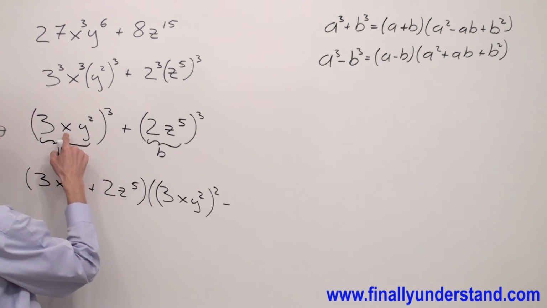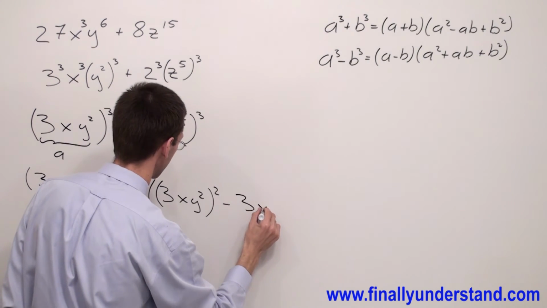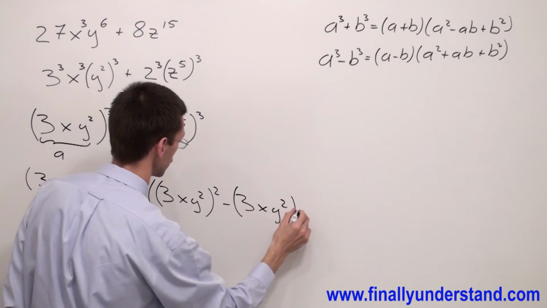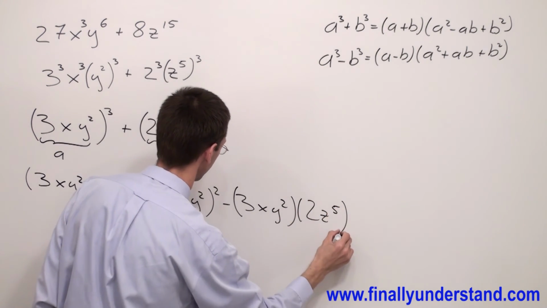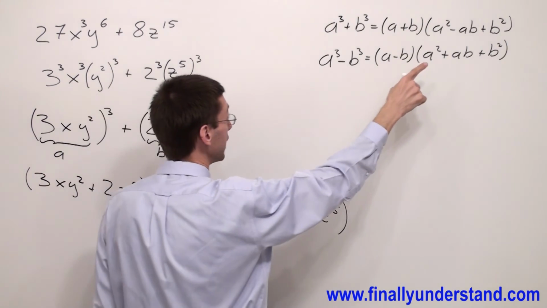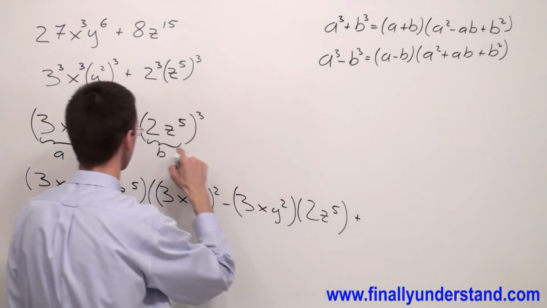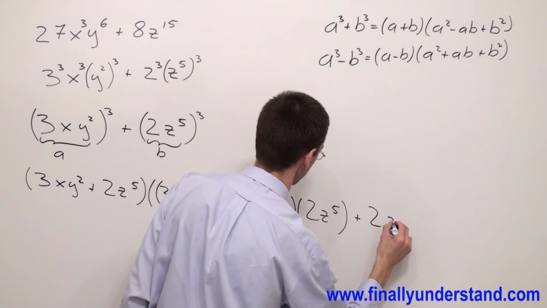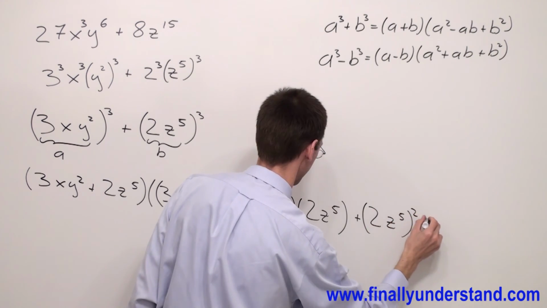I have to multiply this by this. 3xy squared times 2z to the fifth plus b squared, plus b, which is 2z to the fifth to the second power.